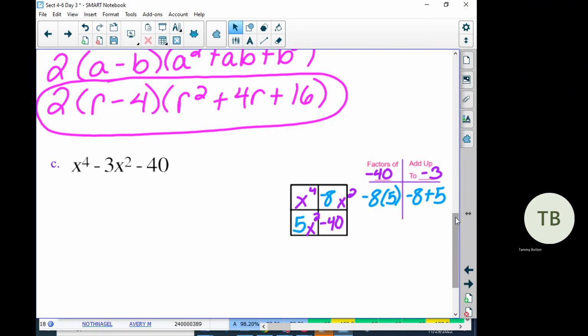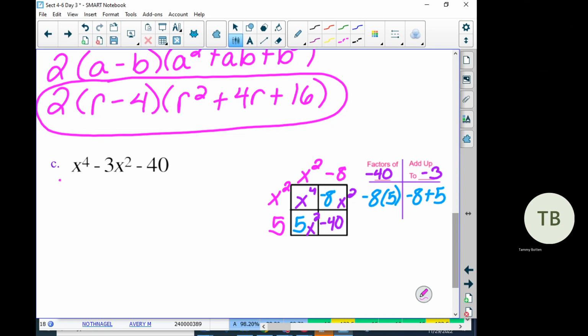Okay. When you're deciding what goes outside the box, if it's x to the 4th, you're always going to have x squared times x squared. Then it's what times x squared gives me -8x squared, and that's -8. And then x squared times what gives me 5x squared, and that's 5.